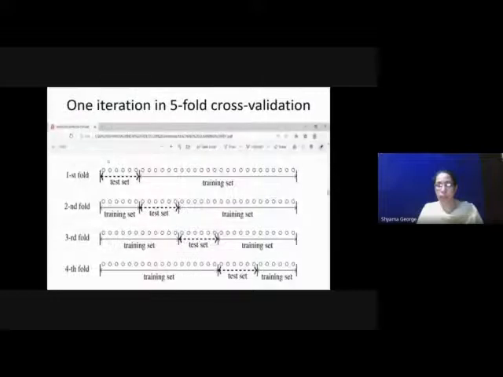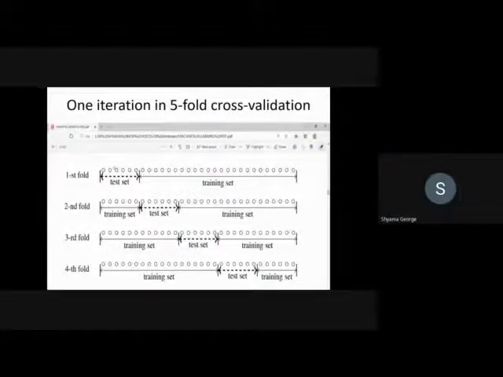So this is an example of five-fold cross-validation. The data set is divided into 5 parts, one used for testing and the remaining 4 parts for training. Similarly, in the second fold, the first part is training, the second part is testing, and the remaining 3 parts are again for training.